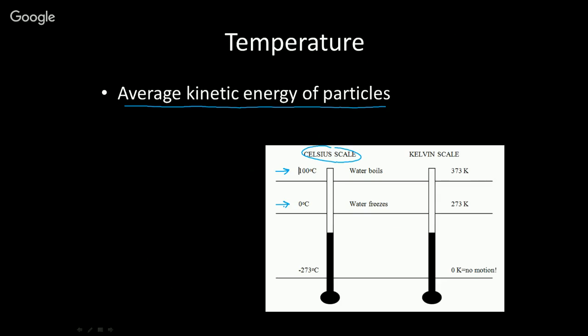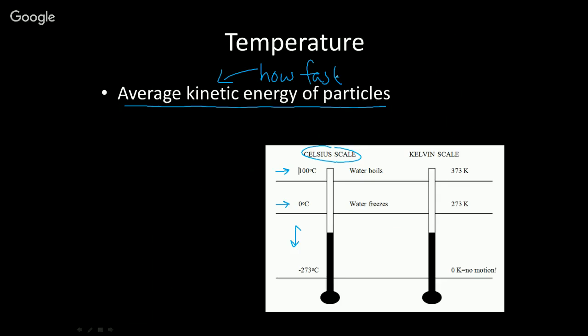See, though, there's a problem with the Celsius scale: if you go below 0 degrees Celsius, we get a negative temperature. And since temperature is defined as the kinetic energy, or how fast these particles are moving, it makes little sense to have negative numbers, which would imply that the particles move less than 0.